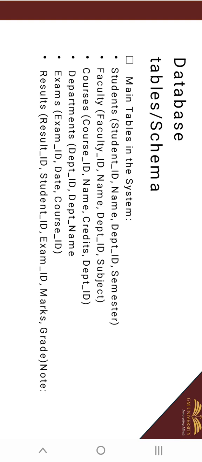And departments include department id, department name. And exams, this schema includes exam id, date, course id. And results include result id, student id, exam id, marks, grade. So these are the schema. This is like a blueprint, we have not actually added the data. This is the schema of this system.